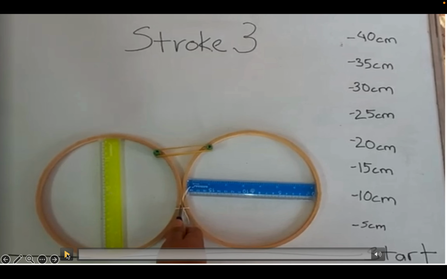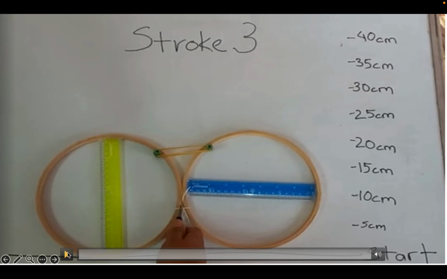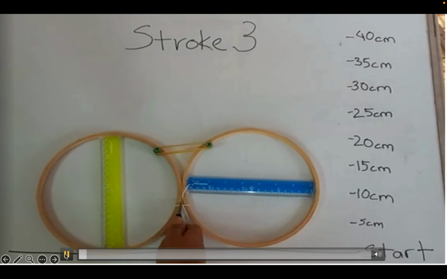Since these rubber bands are very powerful at throwing these rings in one direction, I have made it less powerful by stretching it less. And here's the thread balancing the force by the stretching force. Okay, let's play the video.